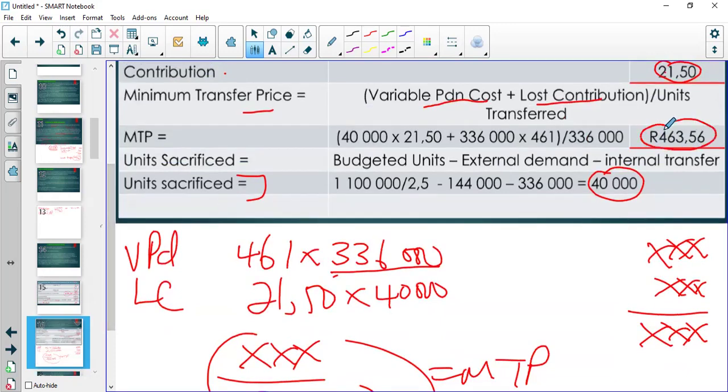And I always say we can't say this is what the lecturers have, because when I'm reading through there, I might miss some information. But in terms of principle, remember we don't really want the actual answer. Because if the actual answer is, for example, 470, what are you going to do with 470 in your future examination? It's not like the minimum transfer price in the next examination is going to be 470.